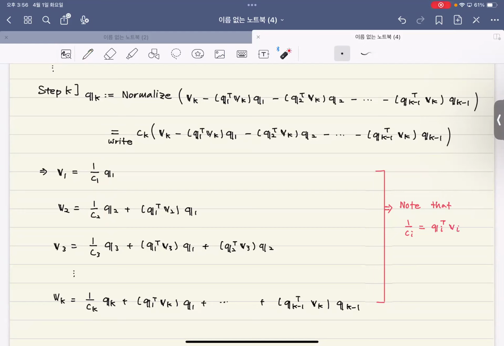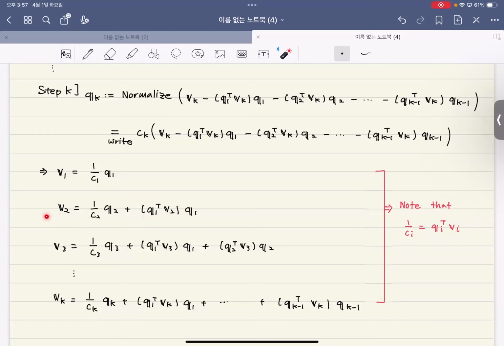Why? Because we know Q1 to Qk are all mutually orthonormal vectors. For instance, suppose you take the inner product of Q1 with V1. Then this is just 1 over C1, which is simply Q1 transpose V1. What if you take an inner product of this relation with Q2?